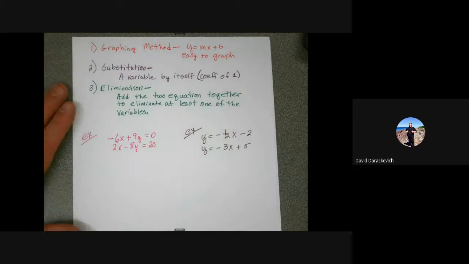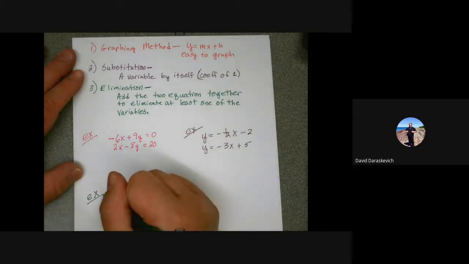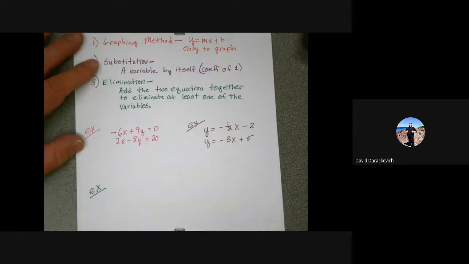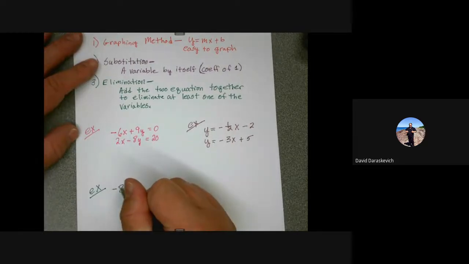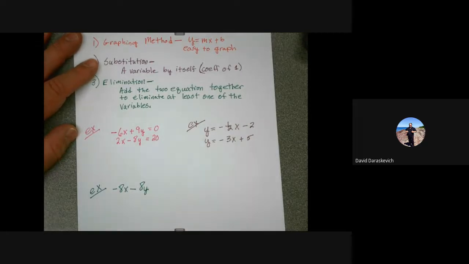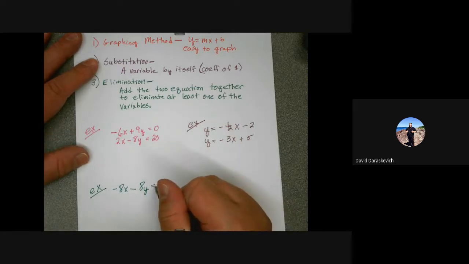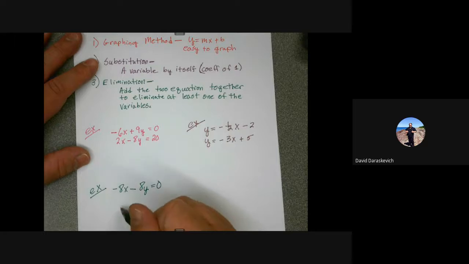And let's make up another one. Let's see, I have negative 8x minus 8y equals 0, and 8x.